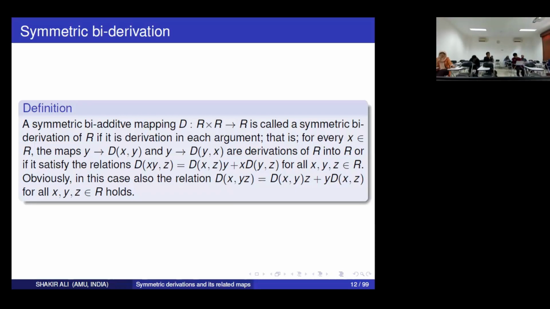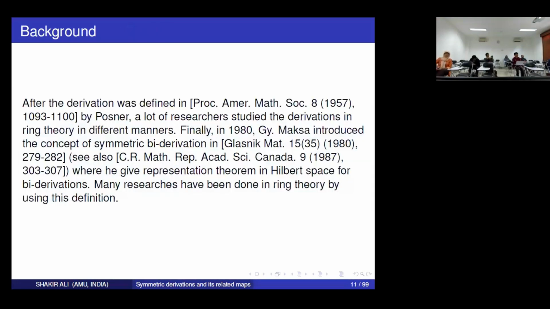Because we have symmetry, this makes the same change. But here x goes to D(x, y) and y goes to this type of map. That is what we need.